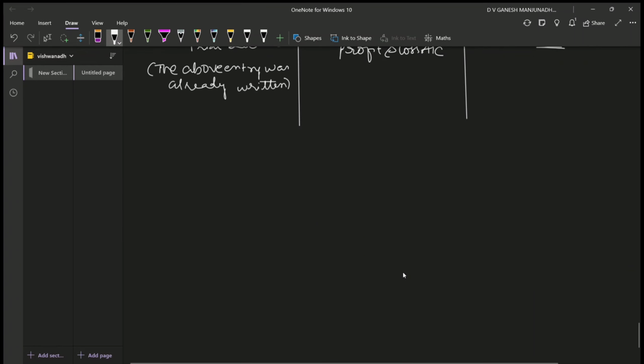And next adjustment, the 7th adjustment, which is interest on capital.